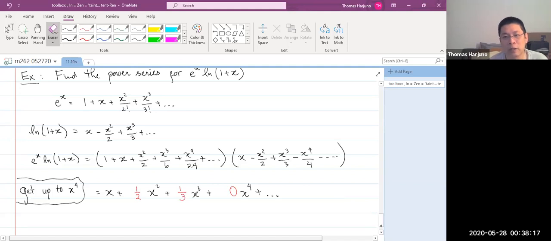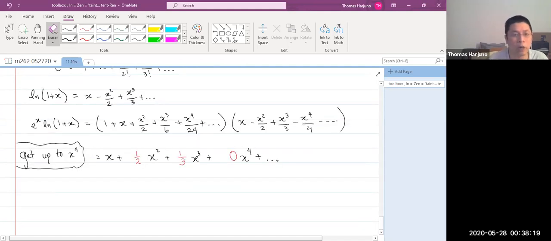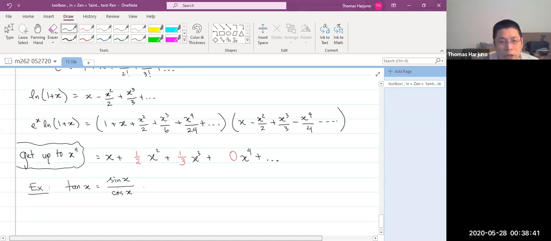The hard side is, for example, a well-known example, tangent. Tangent x is the quotient of sine x over cosine x, which I will just do a couple terms, but even that is already quite messy.